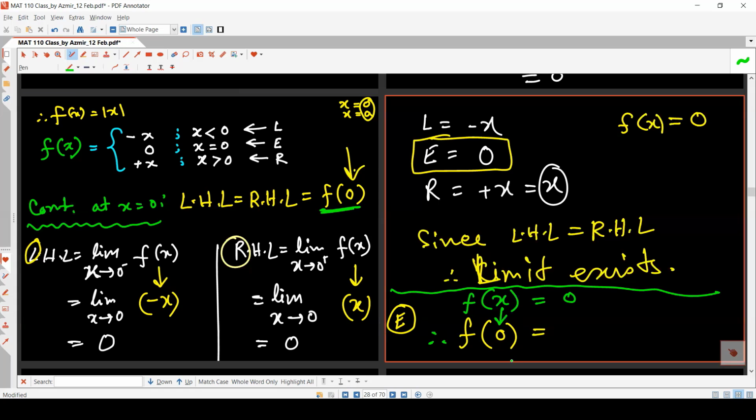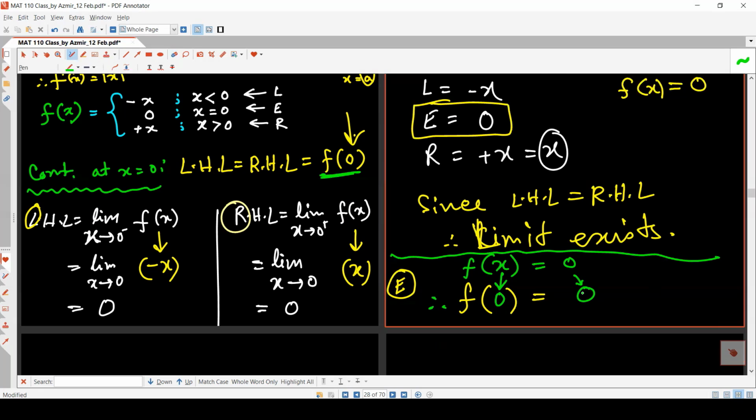In the place of x, we are plugging 0. So since it is a constant function, f of x equals 0. If we input 100, it will be 0. If we input minus 100, it will be 0. So anything we input, the result will be 0. This is the property of constant function.